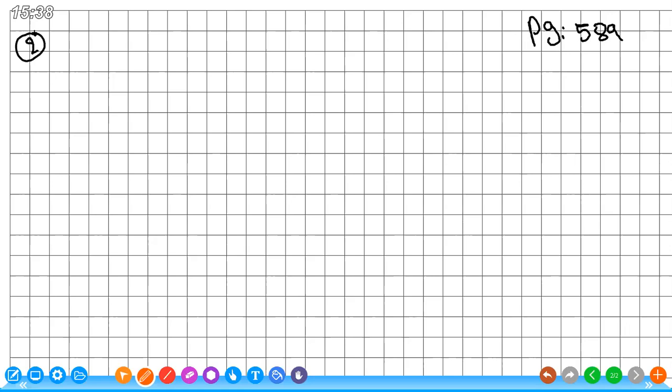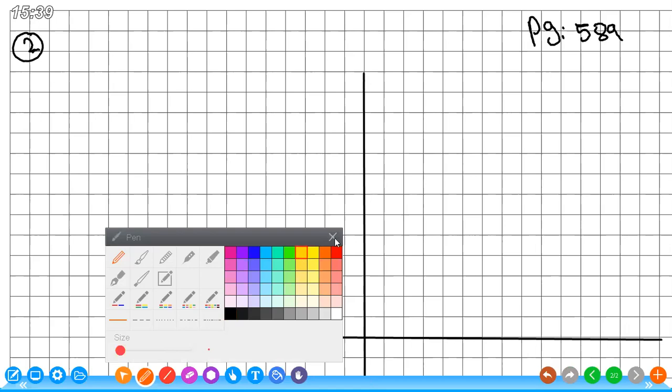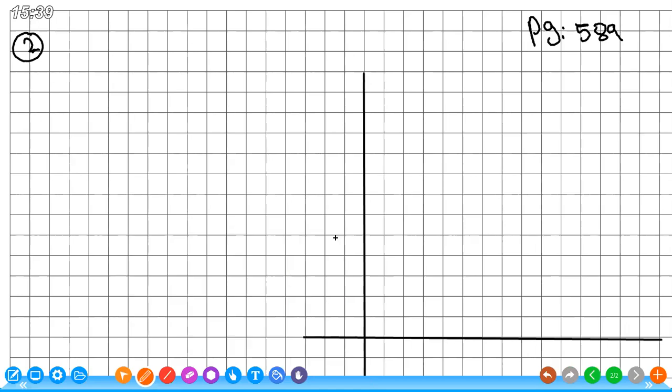Okay. It will take 8 minutes to draw the question. Then X and Y, no need to label them. I'm just going to label. So 200.